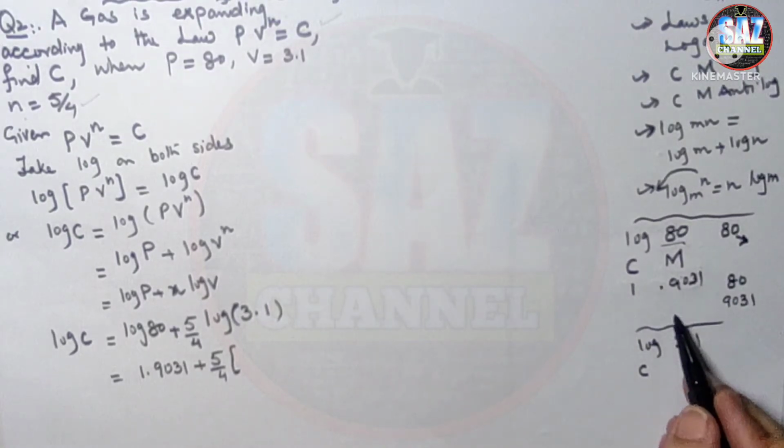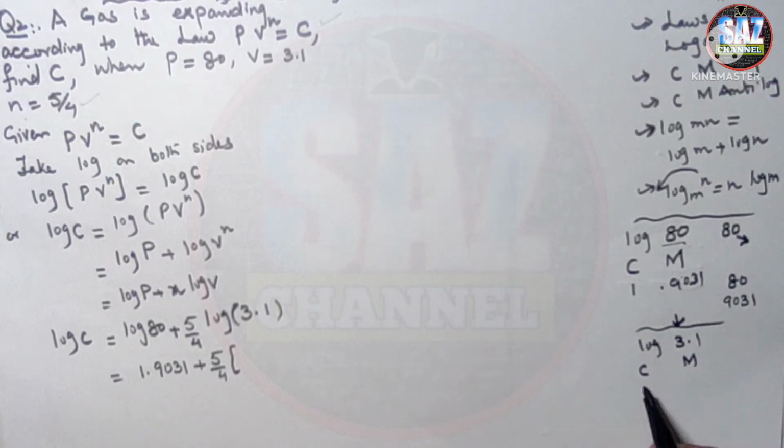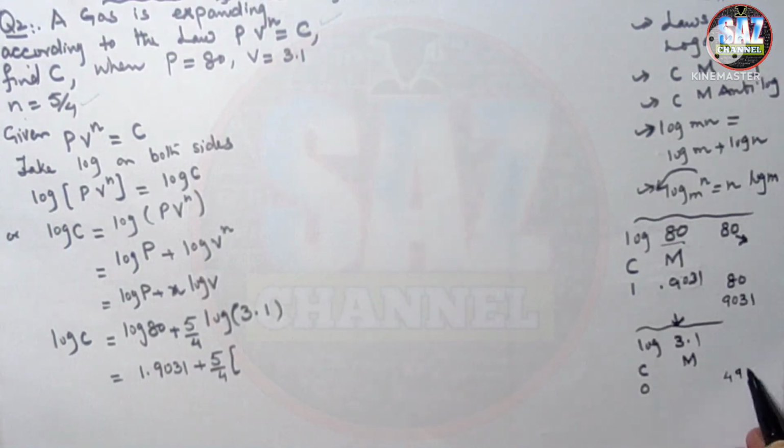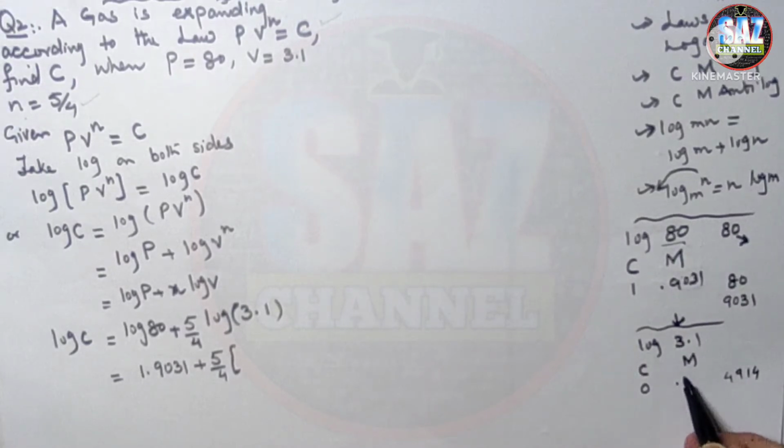As the integral part has only 1 digit, the characteristic will be 0. For the mantissa, we make 4 significant figures and locate 31 in the column of 0, and this gives me 4914, and as I have to write this number in decimal form, the mantissa is 0.4914.